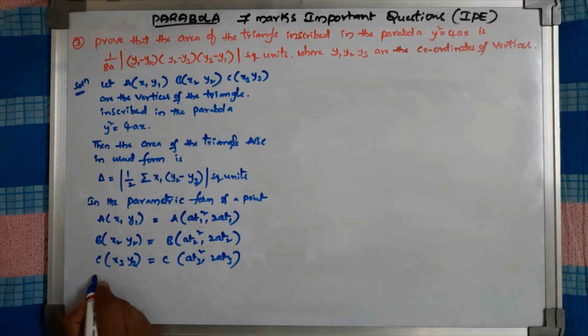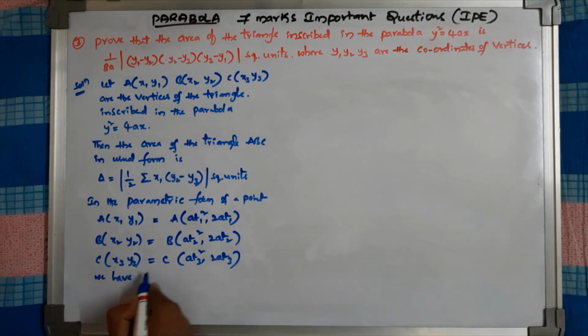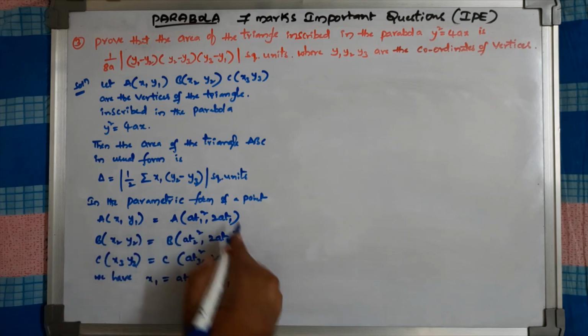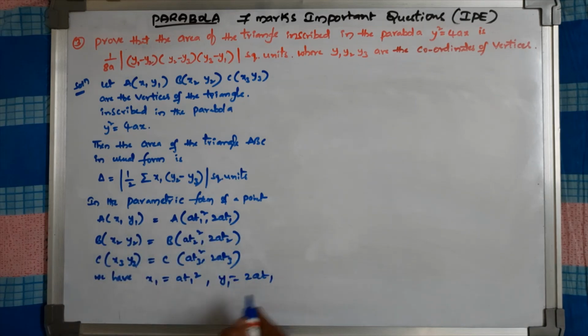We have x1 equals at1² and y1 equals 2at1, right. Now from this one you can write t1 equals y1 by 2a.